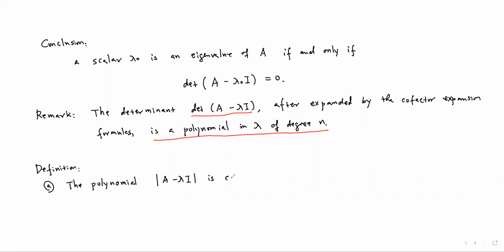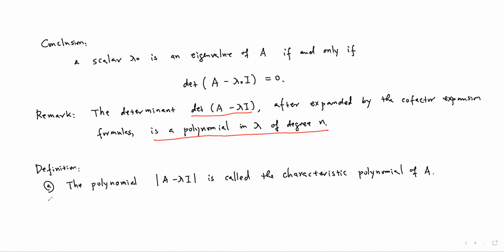It is called the characteristic polynomial of matrix A. Just a term.